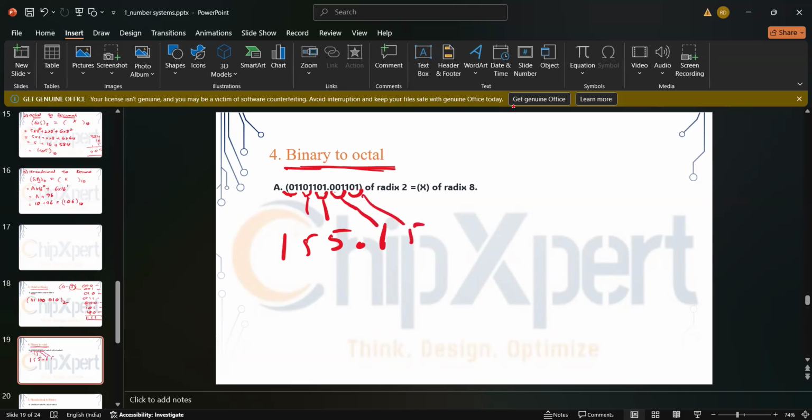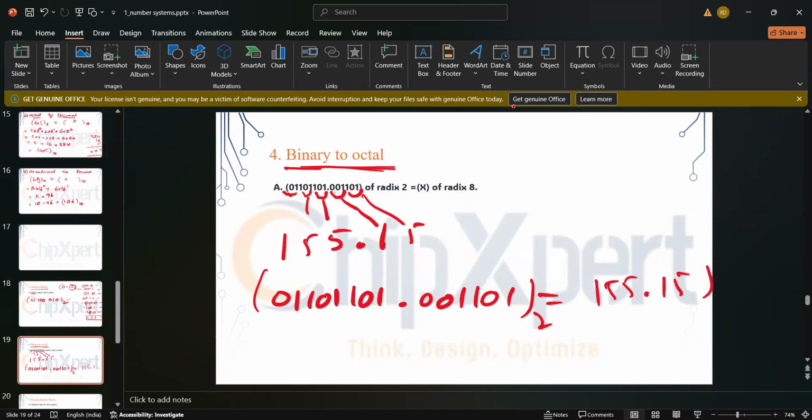So this binary number is 155.15 of octal number. This is how we convert between octal and binary.